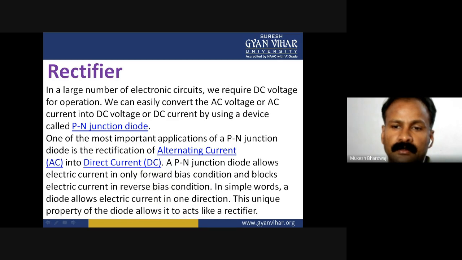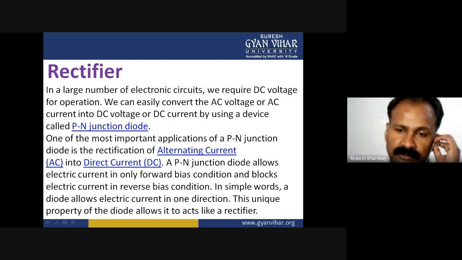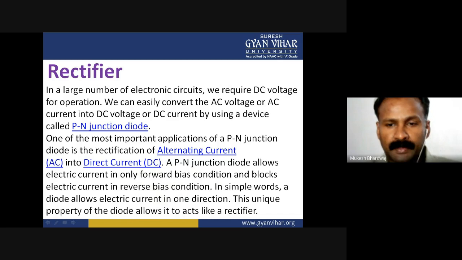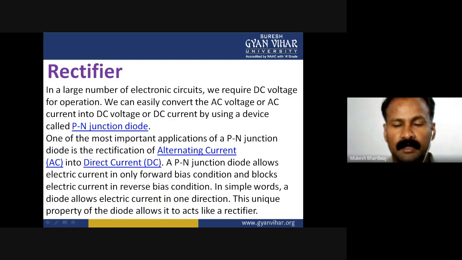You can get DC voltage or DC current through batteries or some sort of energy storage devices, but the direct voltage sources are batteries, and they are relatively costlier or expensive also.